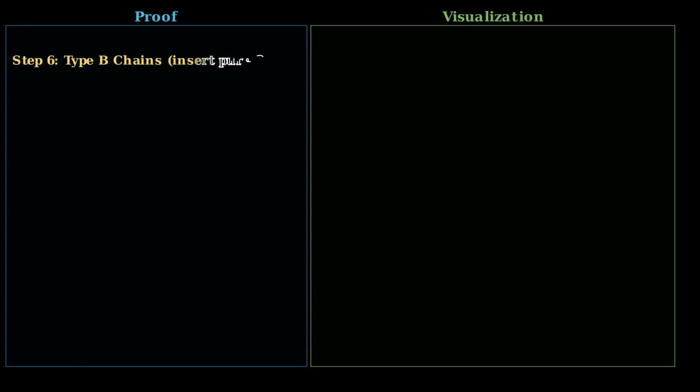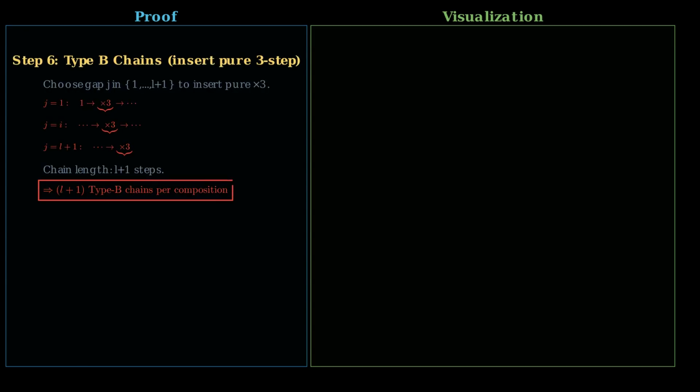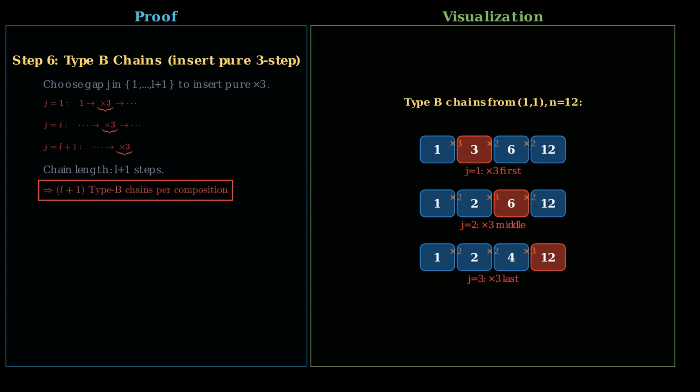Step 6. Detailed construction of type B chains. Again take an L-part composition x1, ..., xL of M. Choose a position j from 1 to L plus 1 to insert the pure 3-step. If j equals 1, insert times 3 at the very beginning.